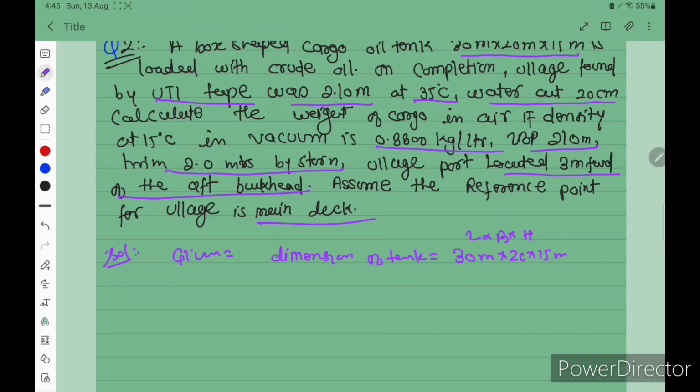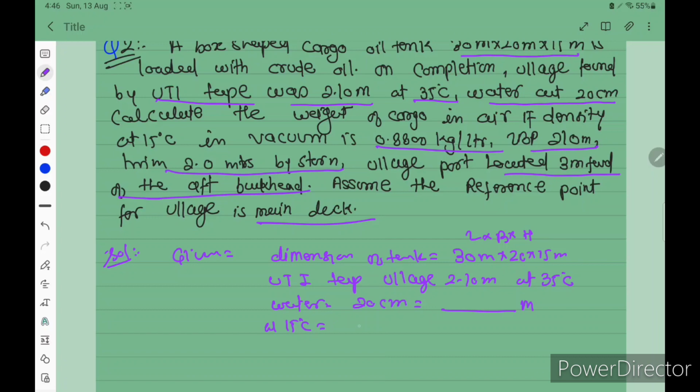UTI tape ullage 2.10 at 35 degrees centigrade. Water cut 20 cm, convert to meters.